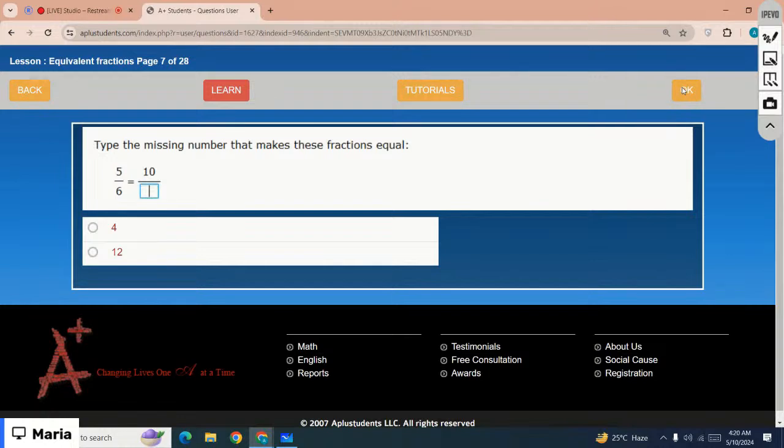Type the missing number that makes the fractions equal. The correct option is 12. 12 is the missing number, right?